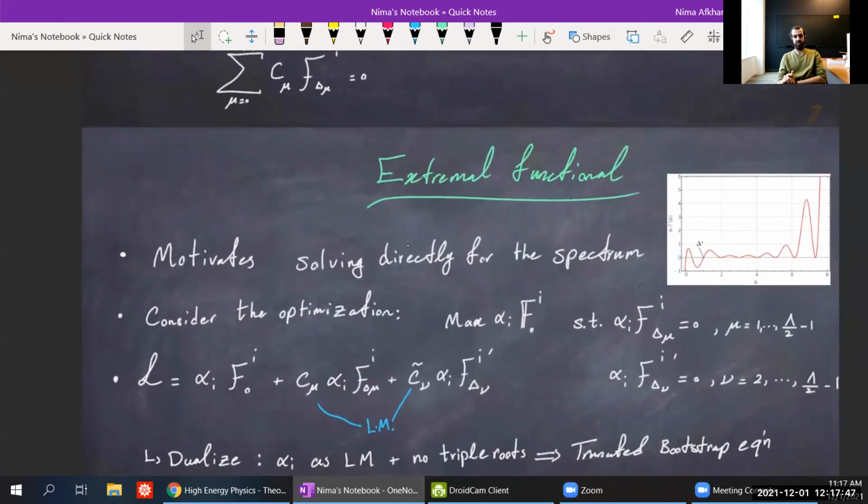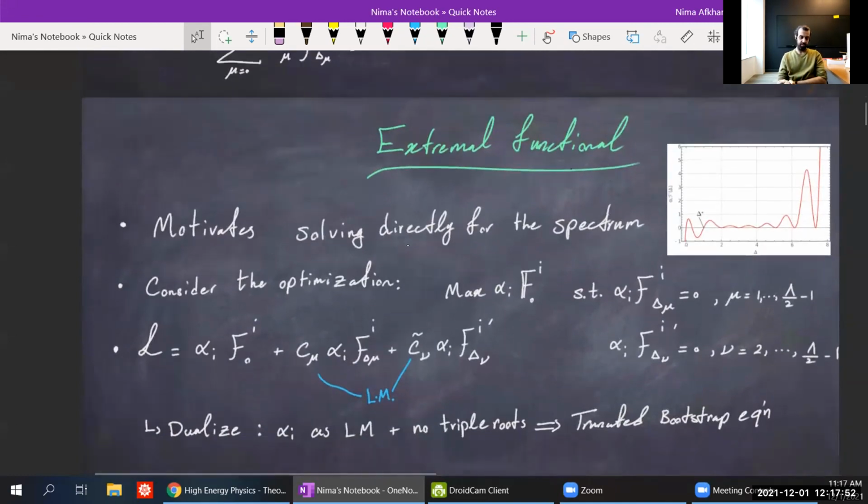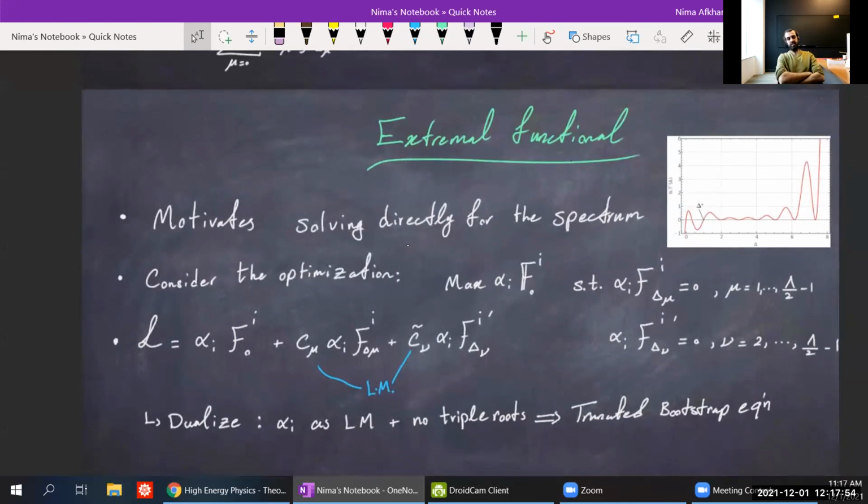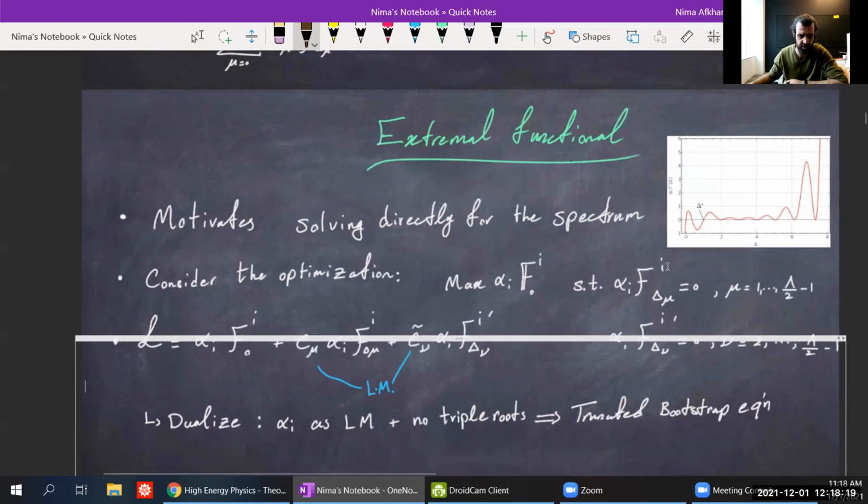So let me write down a Lagrangian that optimizes the vacuum subject to some constraints, which I'm imposing using some Lagrange multipliers, which I'm calling c_mu and c tilde_nu. So let's try to unpack this a little bit. I'm solving the optimization problem where I try to optimize the vacuum. Does the cursor show up now? Yeah, okay, good.